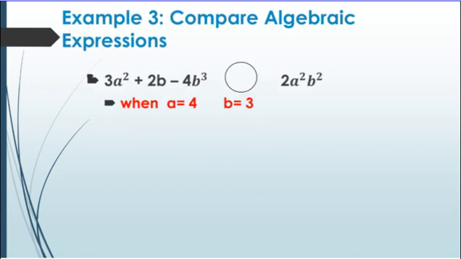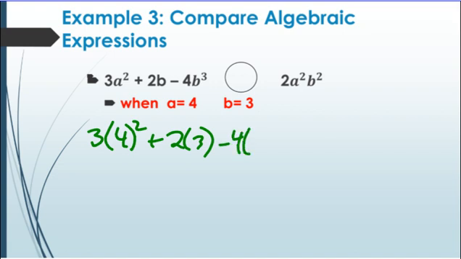Example 3, comparing algebraic expressions. We need to compare, but first we need to solve each side. So a is 4, b is 3, so 3 times 4 squared plus 2 times 3 minus 4 times 3 cubed.